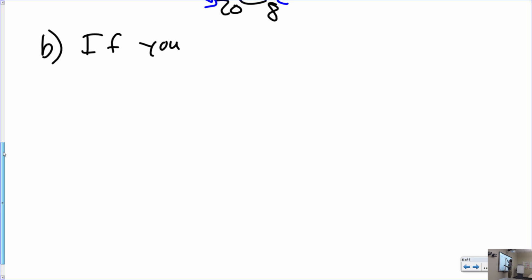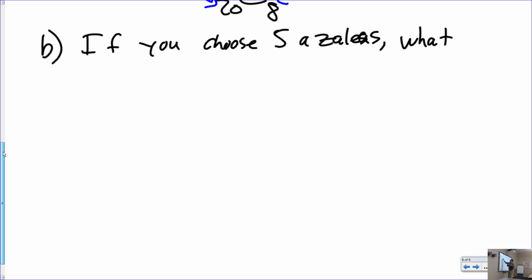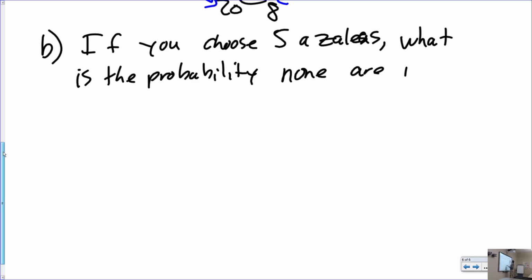All right, so part B of the question. If you choose 5 azaleas, what is the probability none are pink?